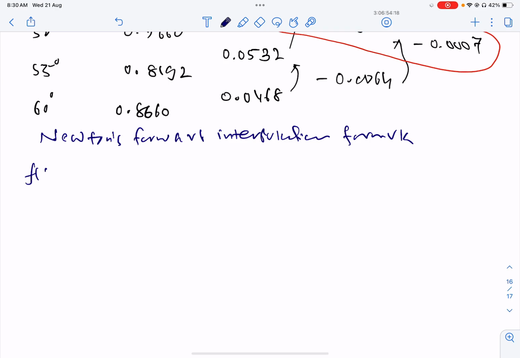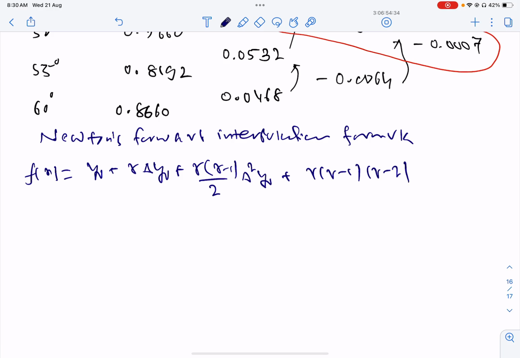This is f x equal to, formula is y0 plus r delta y0 plus r into r minus 1 by 2 del square y0 plus r into r minus 1 into r minus 2 by 6, 3 factorial, del cube y0 and so on.